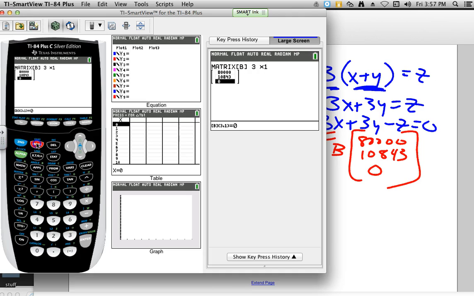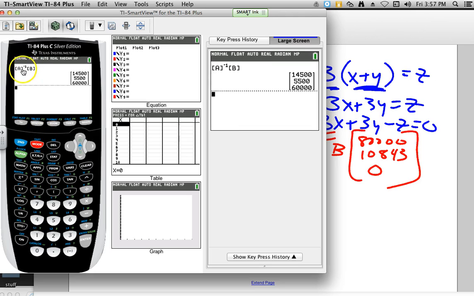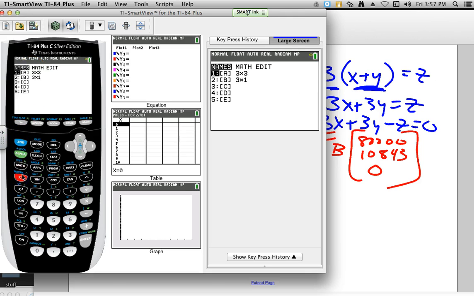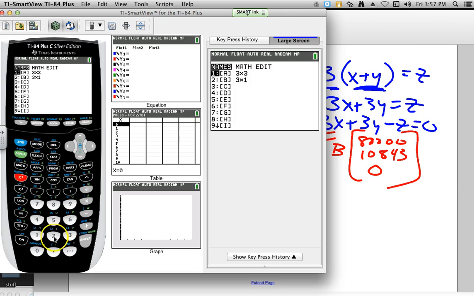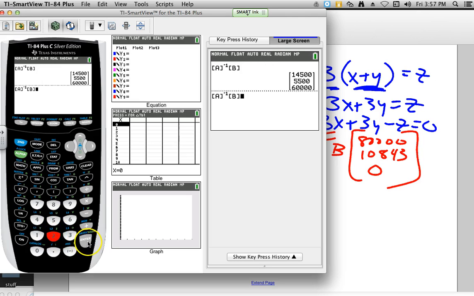Now, back on the main screen, you're typing in A inverse times B, and I can punch that in again while you're watching here. There's 1, inverse, and matrix B, which is number 2, enter. And there are the 3 solutions.